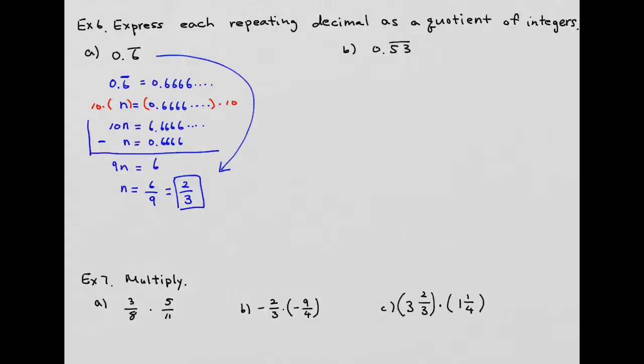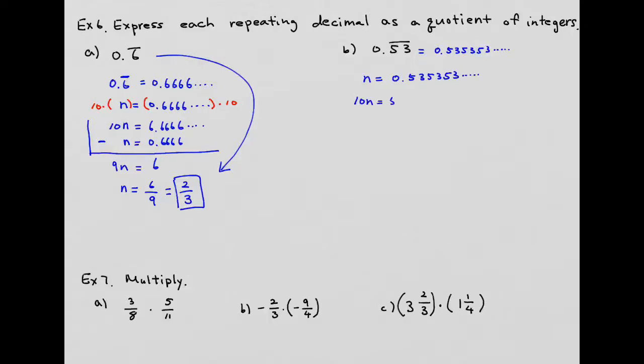So this number is equal to 0.535353 repeating, right? So I'm going to let n equal that, right? And then what will 10n be then?